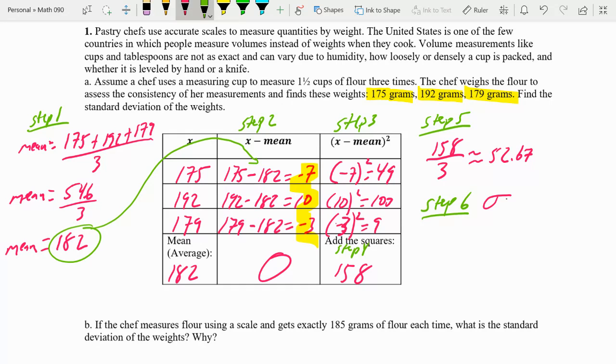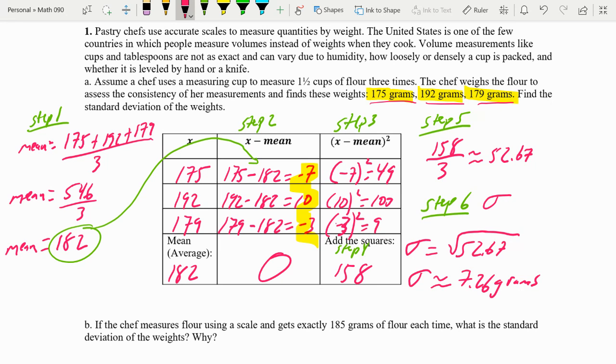To do this, it's the square root of 52.67. So our standard deviation is approximately 7.26 grams. If they're asking, what's the standard deviation of the weights? It is 7.26 grams, because each number they were talking about was grams, how much this pastry ingredient weighs.